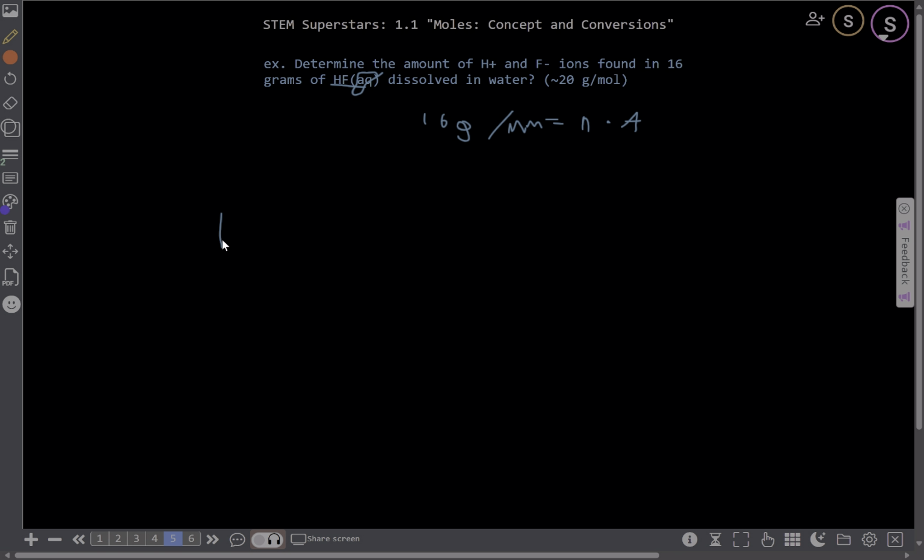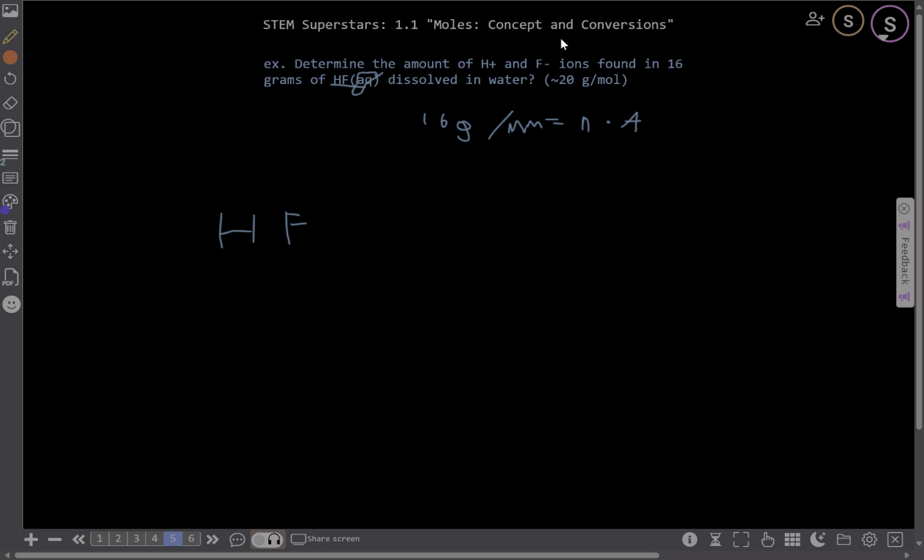So hydrofluoric acid, if you have already taken chemistry, or you're just here to review, or you just have general knowledge of acids and bases, is a weak acid. And the meaning of a weak acid is that it won't fully dissociate in a solution of water.